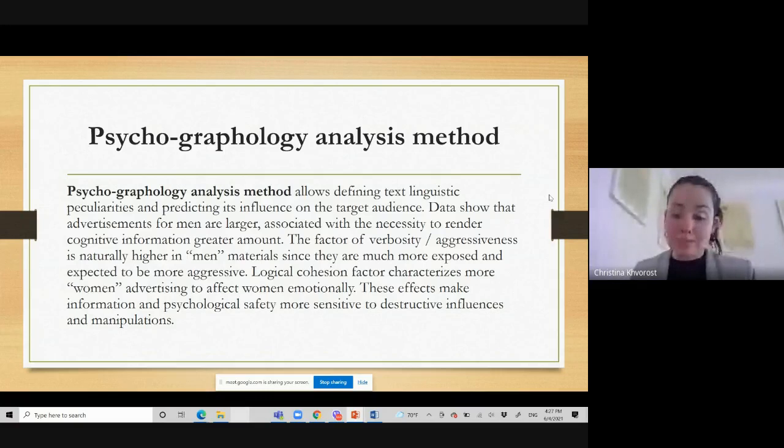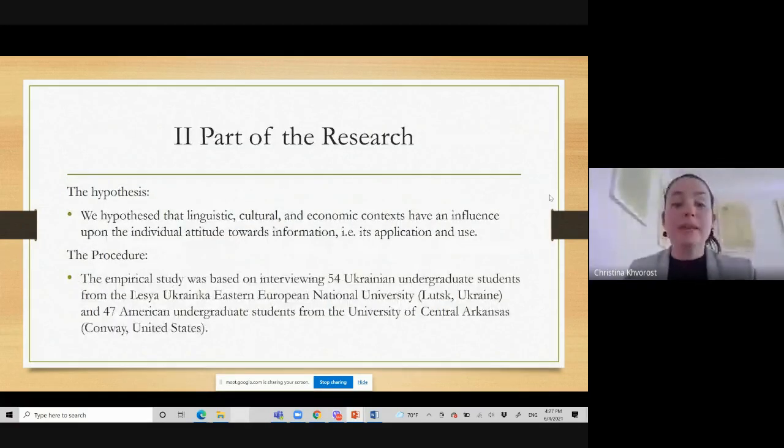These effects make information and psychological safety more sensitive to destructive influences and manipulations. The second part of the research had such a hypothesis. We hypothesized that linguistic, cultural, and economic contexts have an influence upon the individual attitude towards information, such as implication and use. The procedure of the second part was as follows.